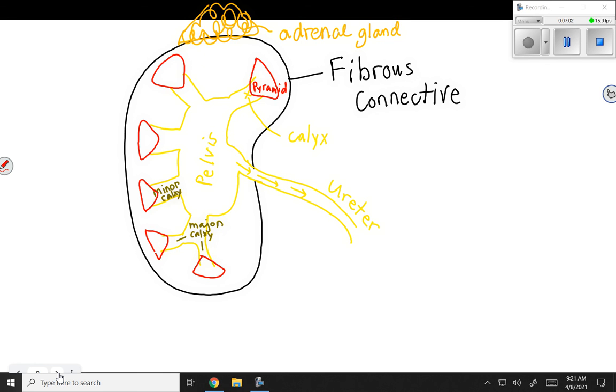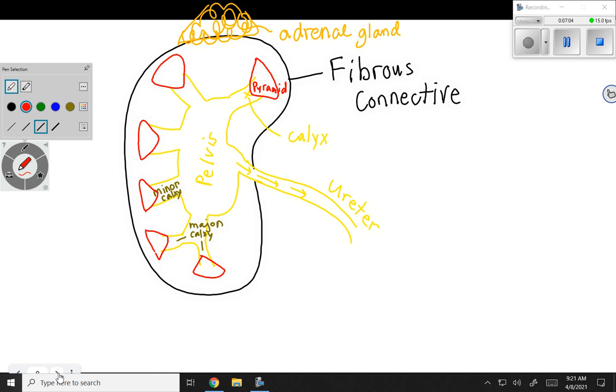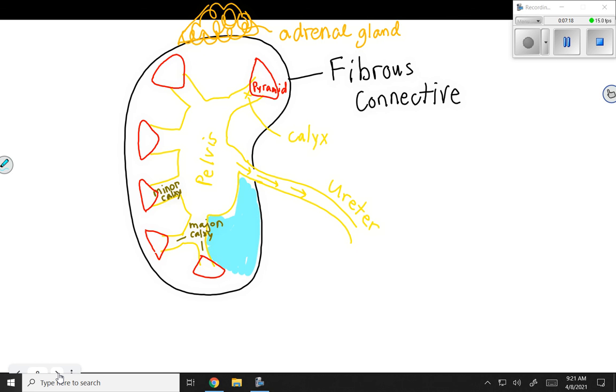I'm now going to switch over to a highlighter, and I'm going to try to shade in the rest of this outer space, the stuff in here that's not the renal pyramids and not the calyx. All of this is extra tissue in the kidney. Sometimes we call that cortical tissue.